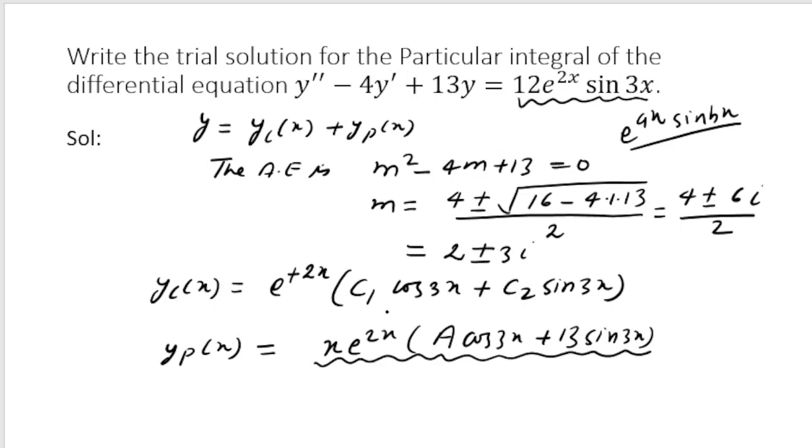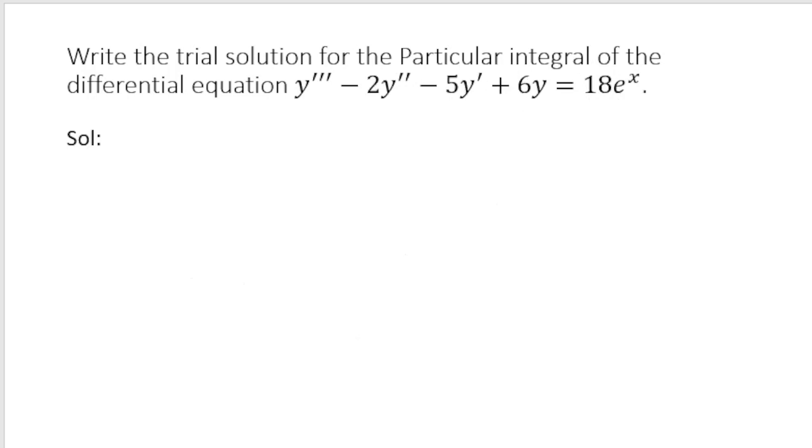But as you can clearly see, the trial solution is nothing but the complementary function. So we can't do the same thing if we are getting something in the trial solution which is already present in the complementary function. In that case, we need to multiply the trial solution by a suitable power of x. And what is the suitable power of x? It will depend upon the multiplicity of the root, as you have seen in the previous problem. Okay.